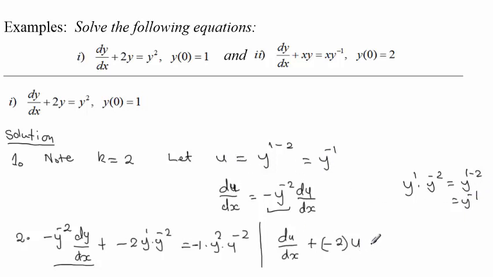So we've got that equals to minus 1. Now we've got a linear equation, du dx plus minus 2 u equals minus 1. So we can now identify our p, identify our q, then get our integration factor, resolving factor. That will be our step number 3.